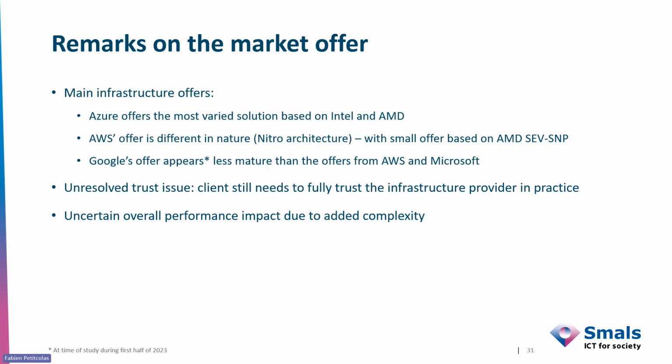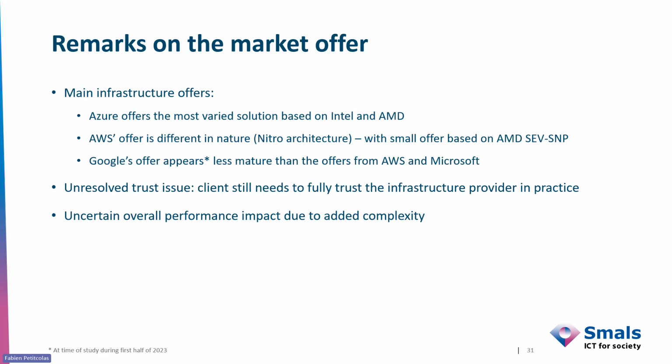In terms of market offer, from what I've seen during my study last year, Azure appears to offer the most varied solution based on Intel and AMD. AWS's offer is, as we've seen, different in nature. You have the Nitro architecture and the Nitro enclave, which are not of the same kind as the Intel enclave.